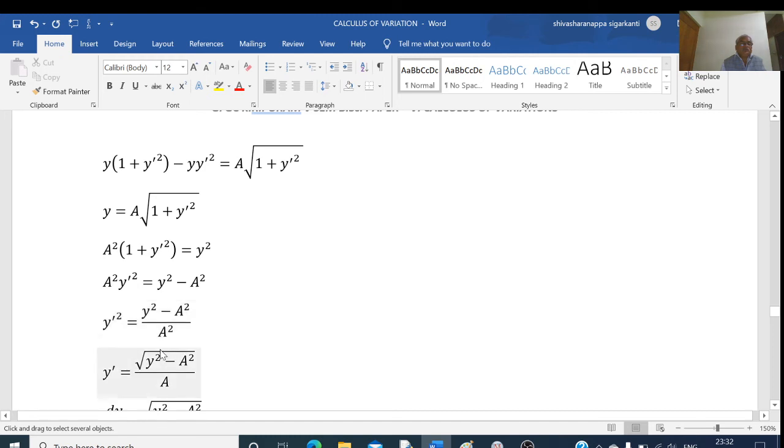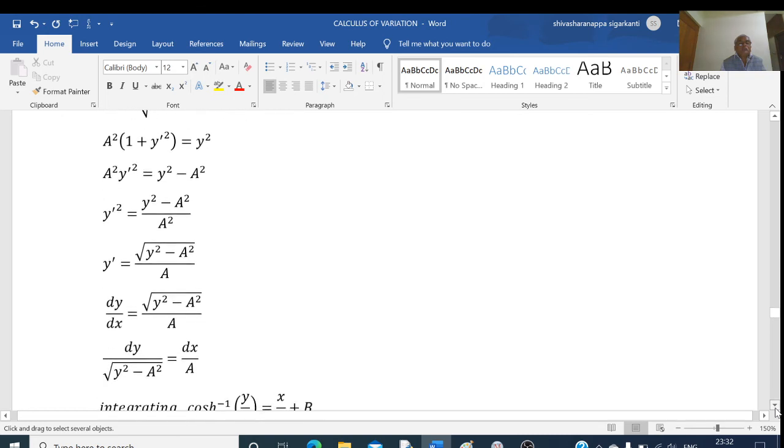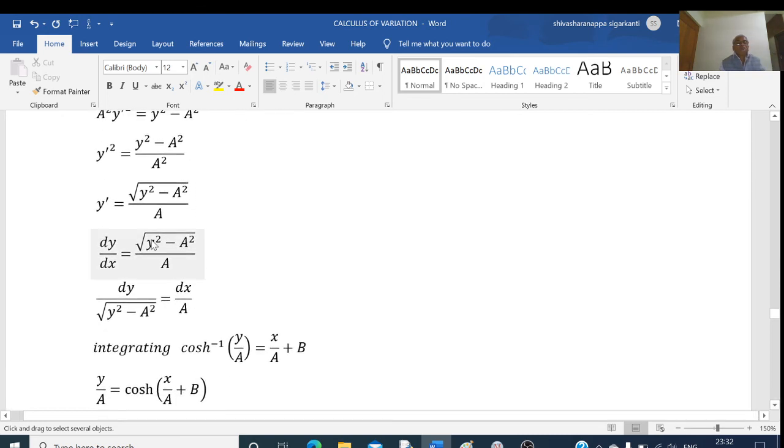Now take the square root. If I take the square root, I will get y dash is equal to root of y square minus a square divided by a. So that is dy by dx is equal to root of y square minus a square divided by a. Separating the variables, dy by root of y square minus a square is equal to dx by a.